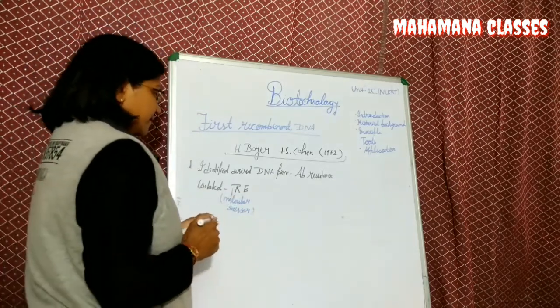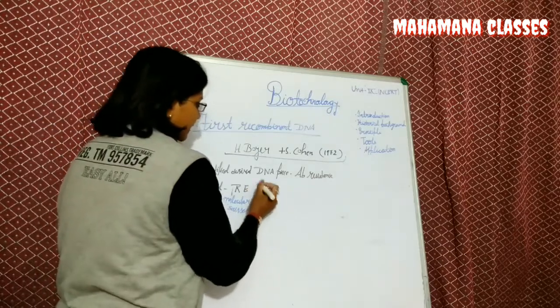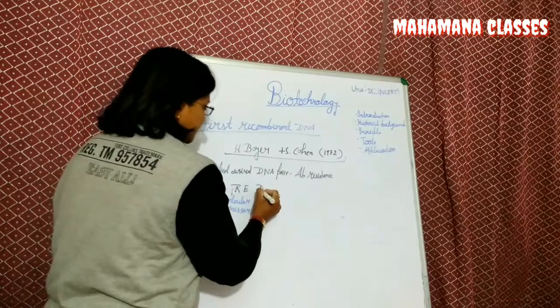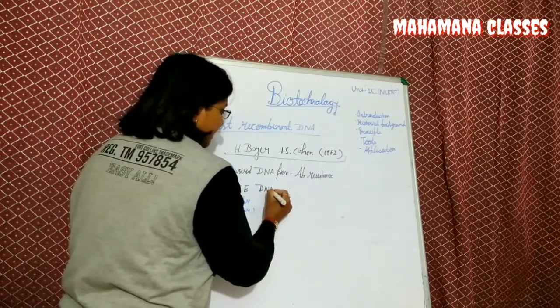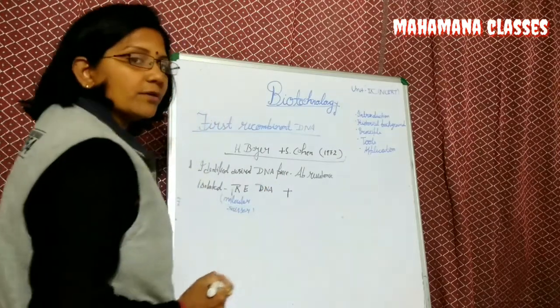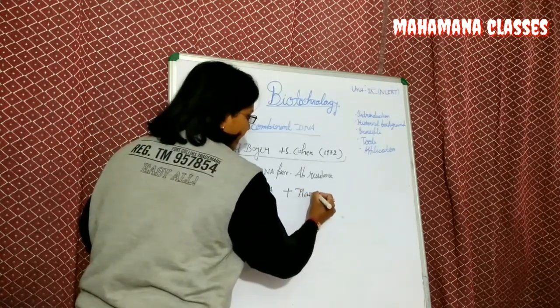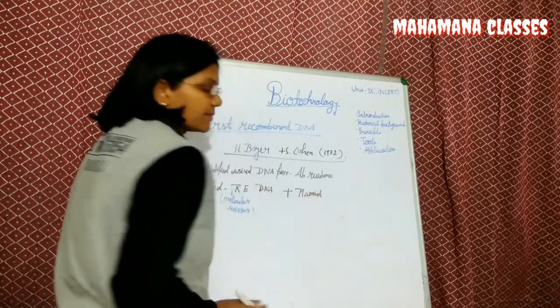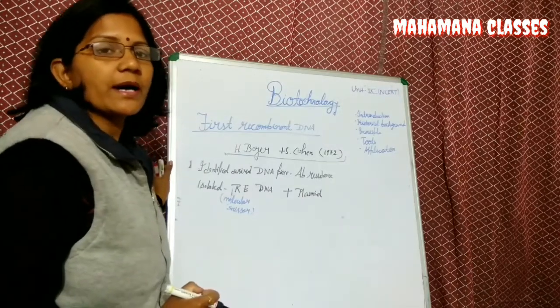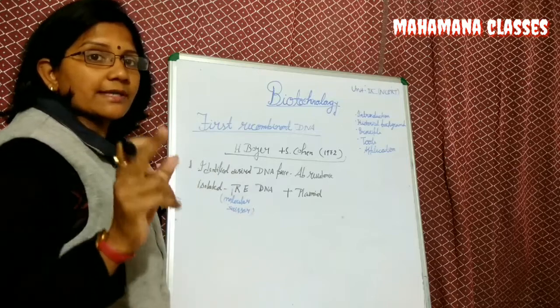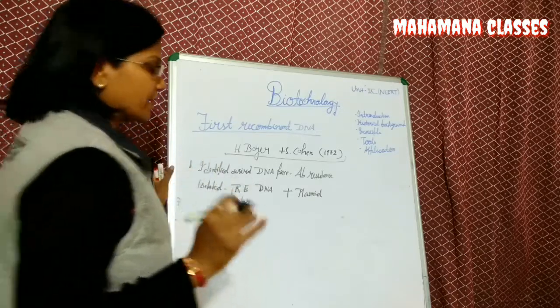They isolated this desired piece of DNA and then linked it into the plasmid. Again, what is a plasmid? It is the extra chromosomal part of a prokaryotic cell which multiplies autonomously or independently.